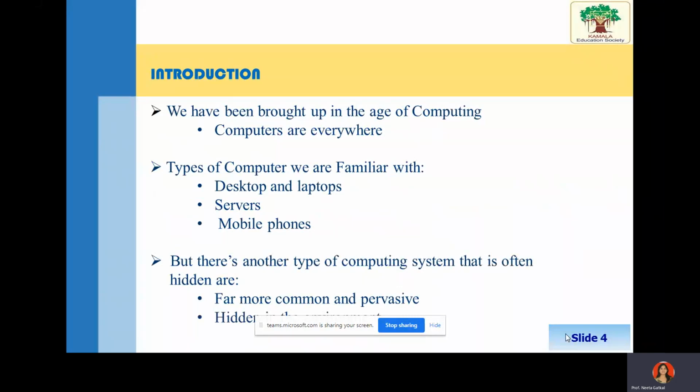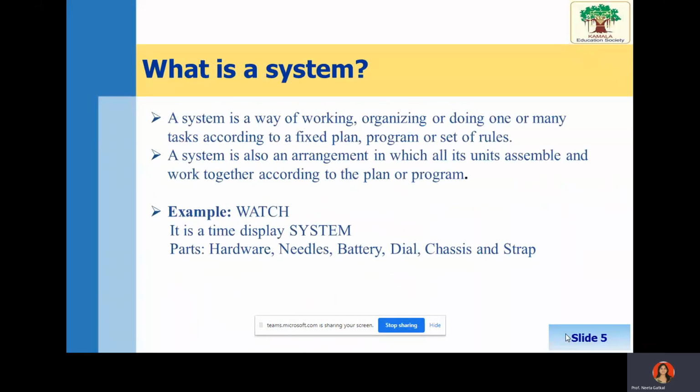Going further to the definition of embedded system, first we'll see what a system is. A system is a way of working, organizing, or doing one or many tasks according to a fixed plan, program, or a set of rules. We can say this is an arrangement in which all its units assemble and work together according to a plan or a program.